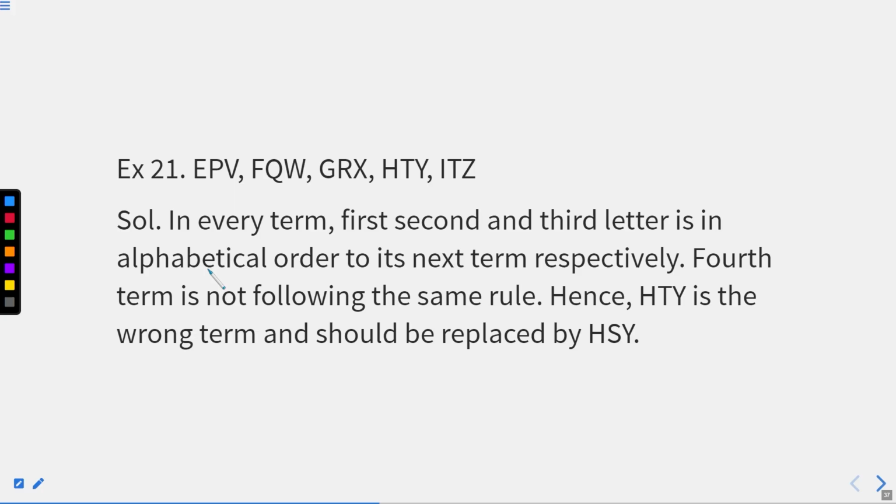We know that after E we have E, F, G, H, I, totally correct. After P it should be Q, R, S instead of T, right? So here P, Q, R, S, it should be S instead of T. So we'll get S.